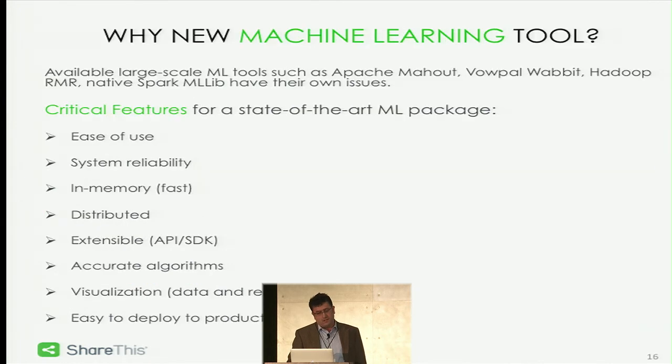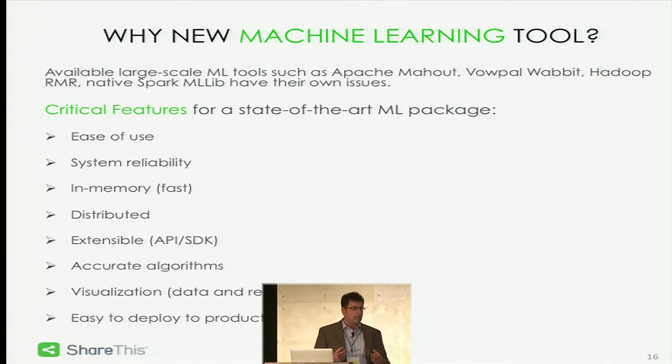comes into play. Why a new machine learning tool? You may ask that we have many, many tools from the past. How have people solved their problem? Yes, I have worked with several popular machine learning tools, but they have their own issues.